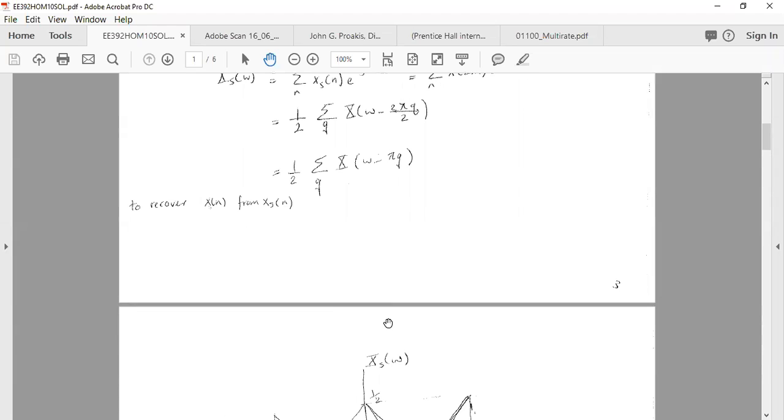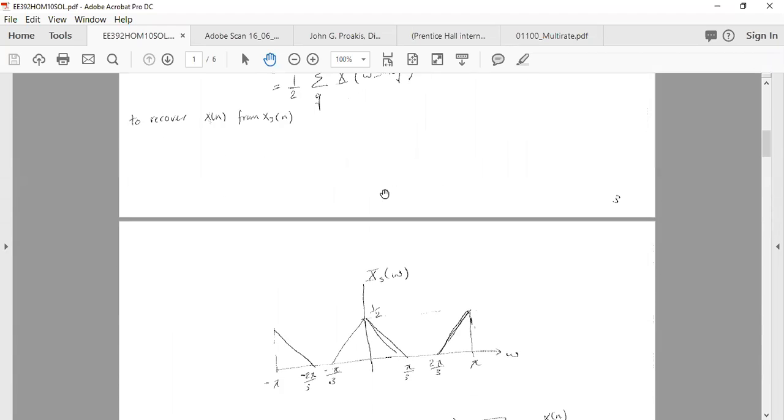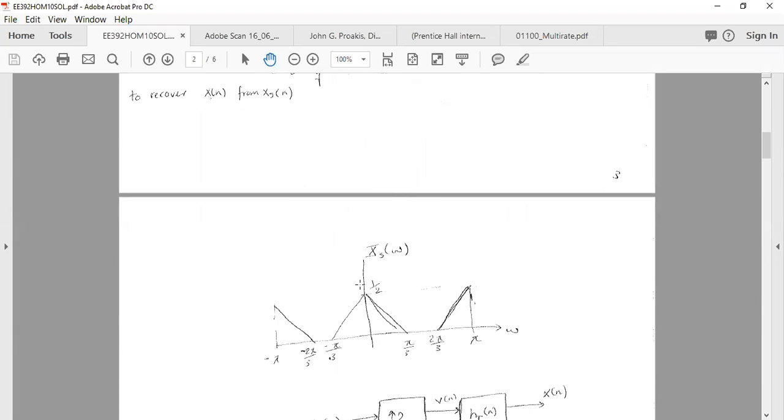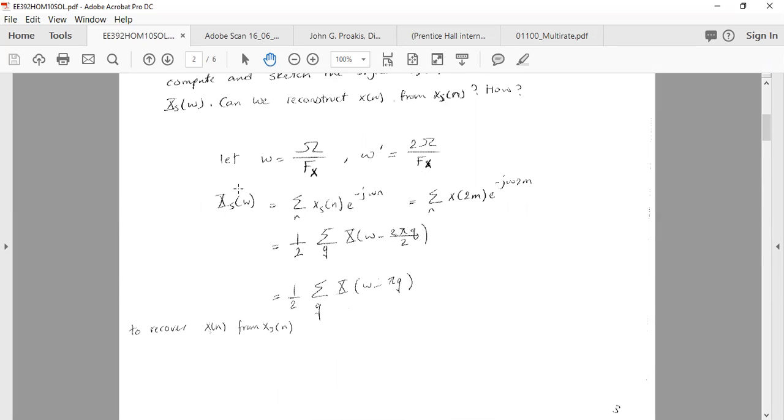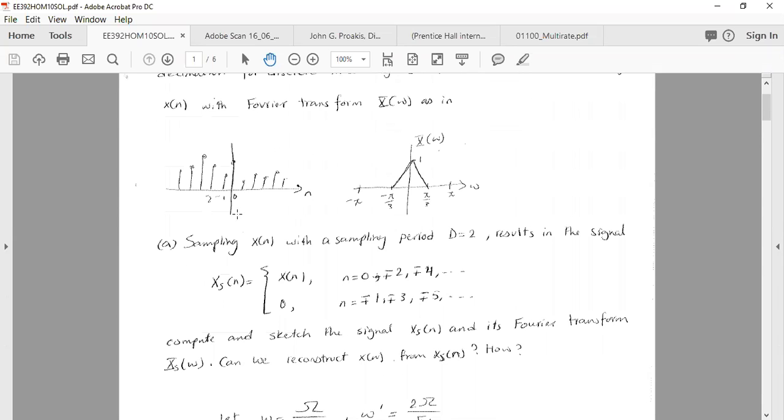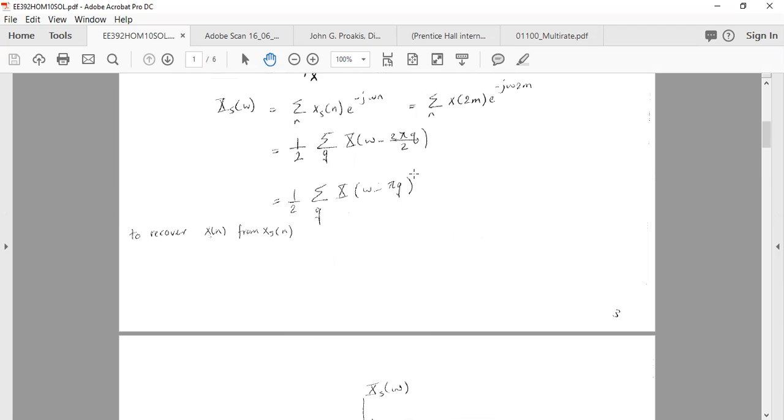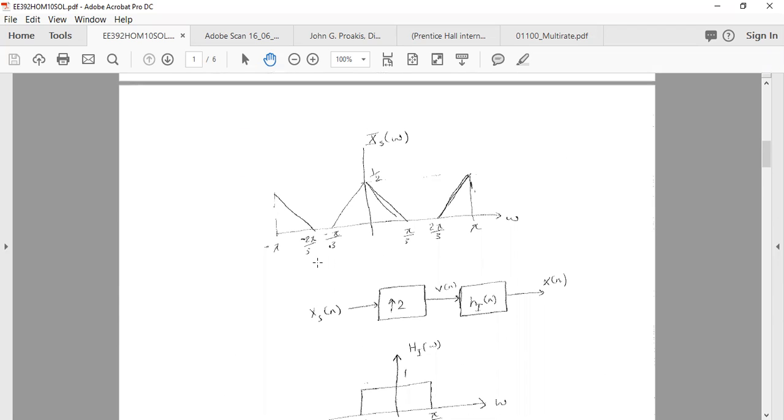It is periodic in terms of pi, isn't it? So if we draw the sampled signal's frequency response in terms of this signal over here, we get something like this, right? So this becomes our sampled signal's frequency response.